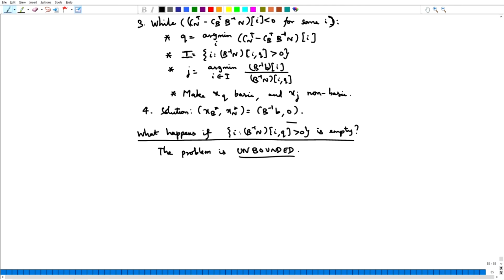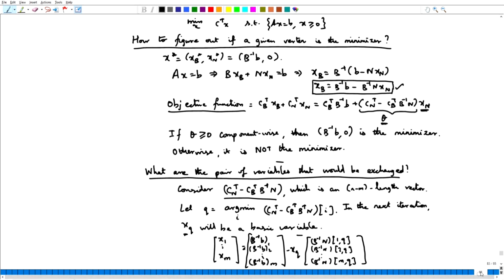So, why is that the case? Because please note that every element in this vector, the last vector B inverse n 1 comma q, B inverse n 2 comma q, dot dot, B inverse n m comma q, everything is less than or equal to 0.